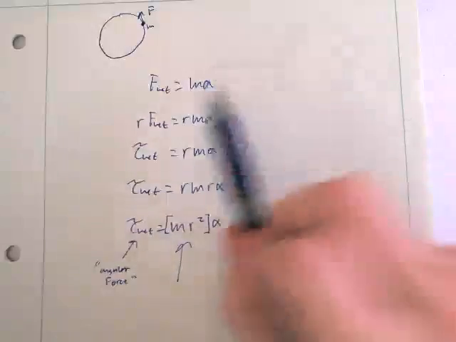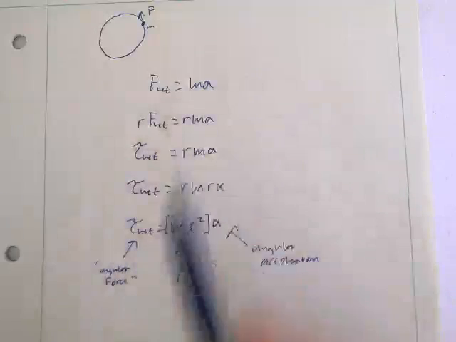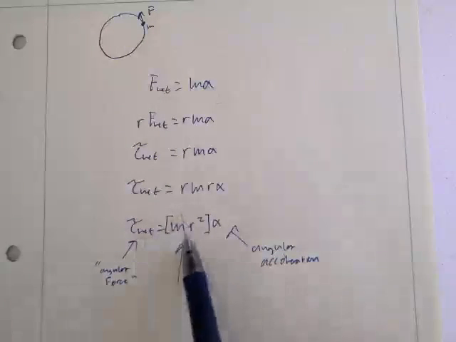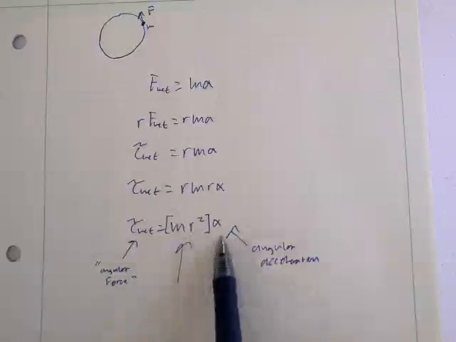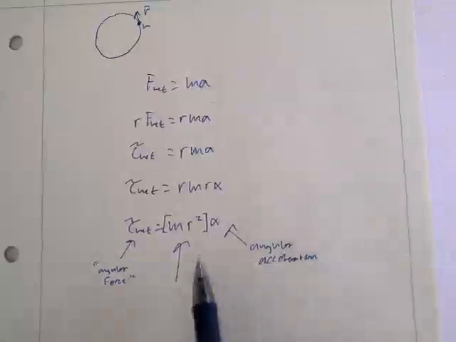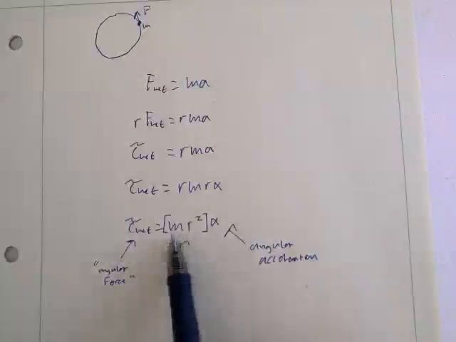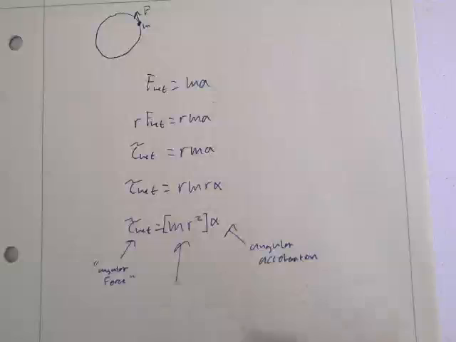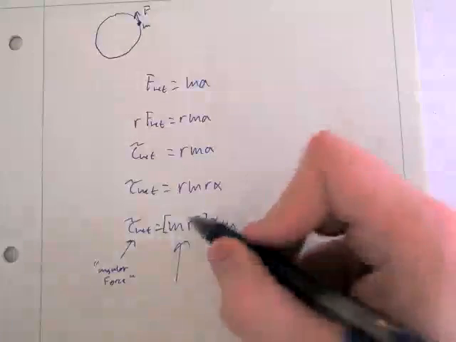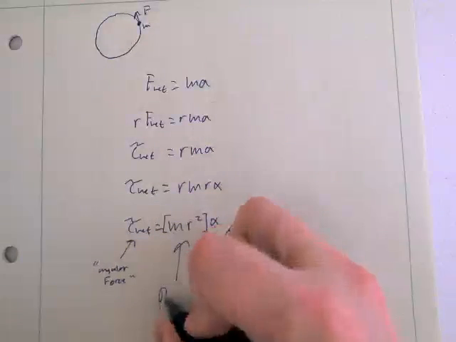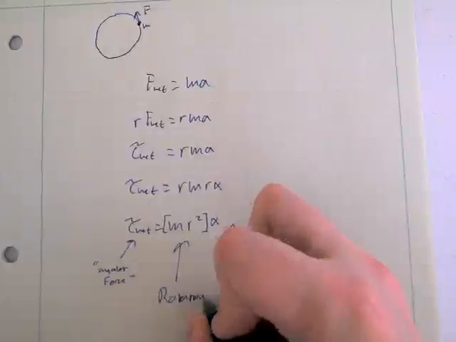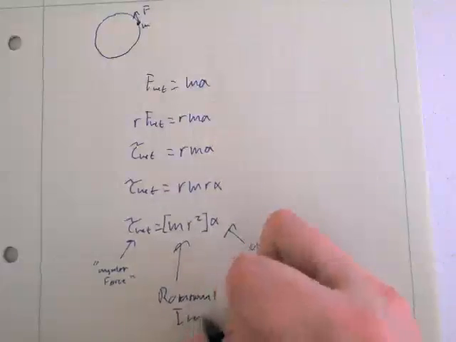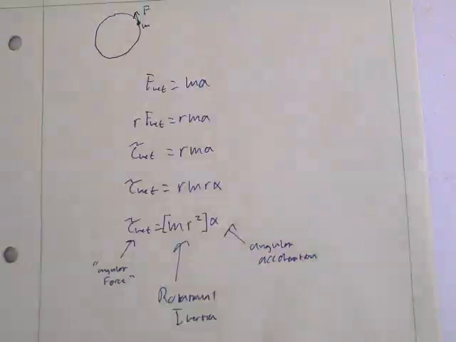Again, we have this nice analogous equation. It's not F equals ma, but it is torque equals something, this mr squared, times alpha. This mr squared value is very interesting because it's not mass, but it is something that's going to be called rotational inertia.